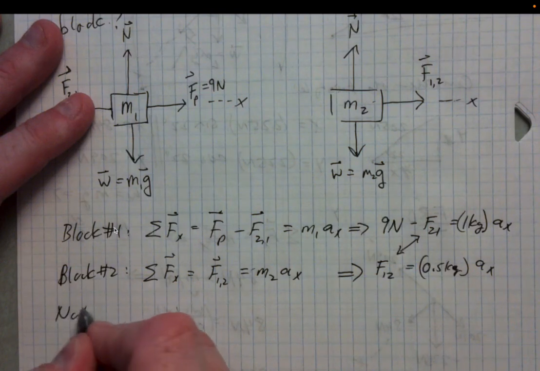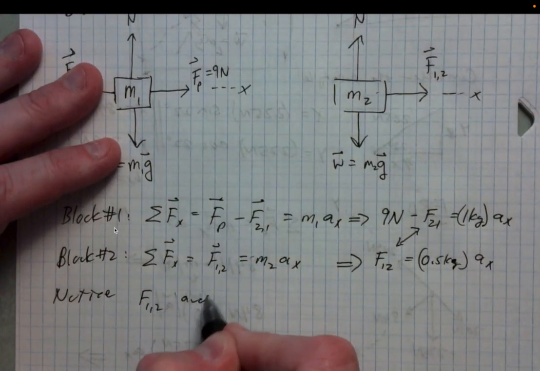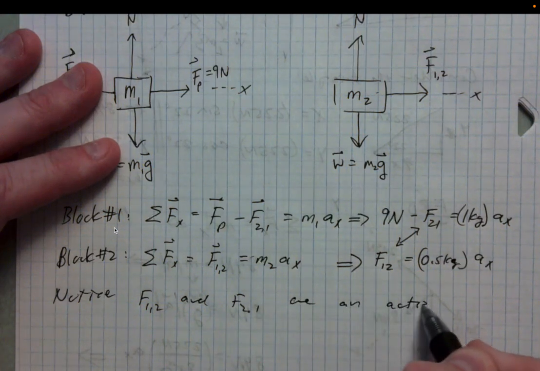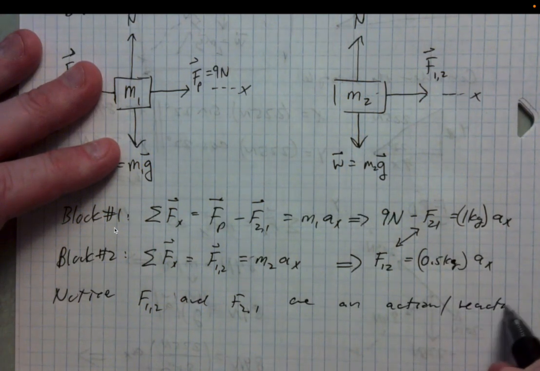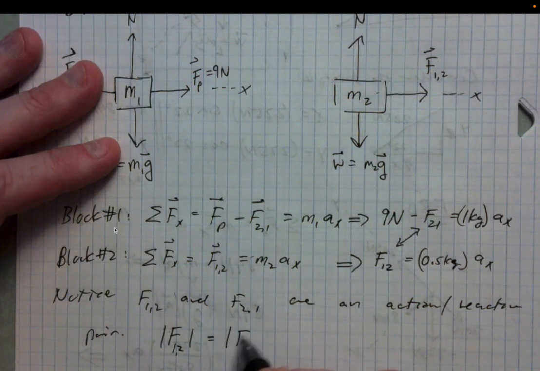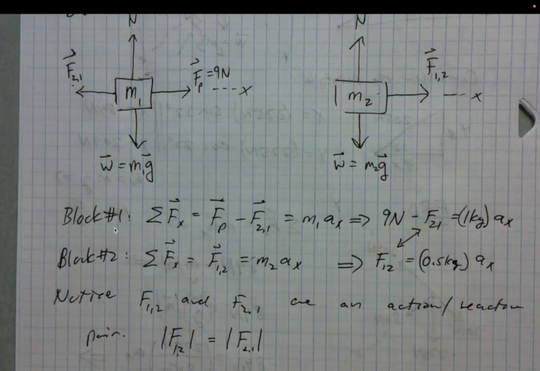Right, so notice F12 and F21 are an action-reaction pair. Right, so what that means is that the magnitude of these two forces is the same. Right, that's key to understanding this problem.